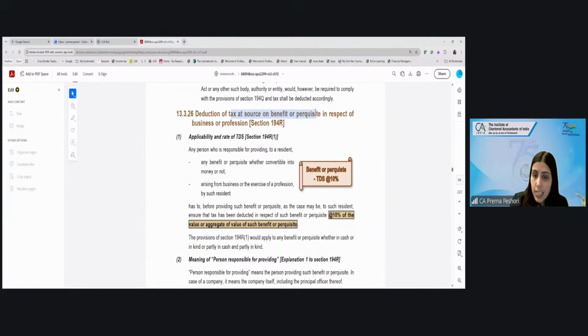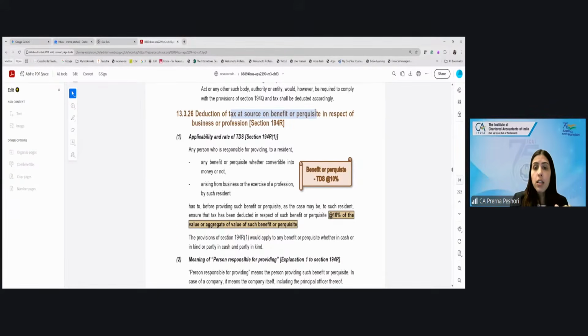They have given this relief. Whether TDS will be applicable on discounts: discounts are also a benefit, but subjecting discounts to 194R will be a challenge. So, on discounts, there will not be any TDS.